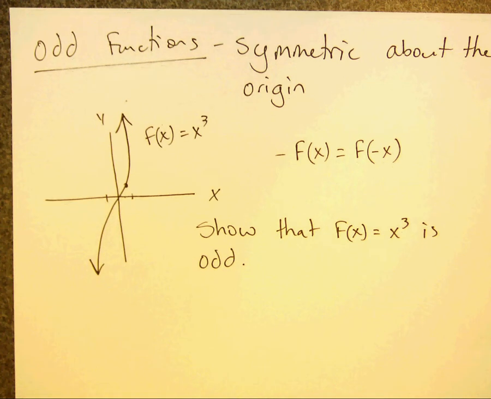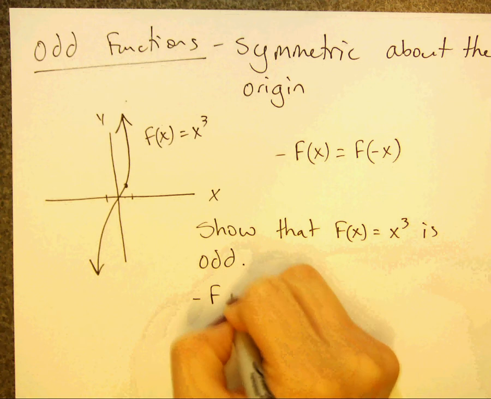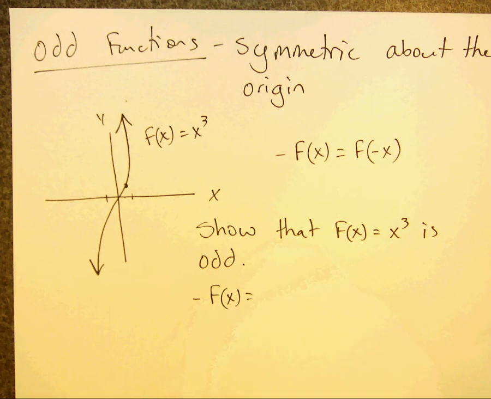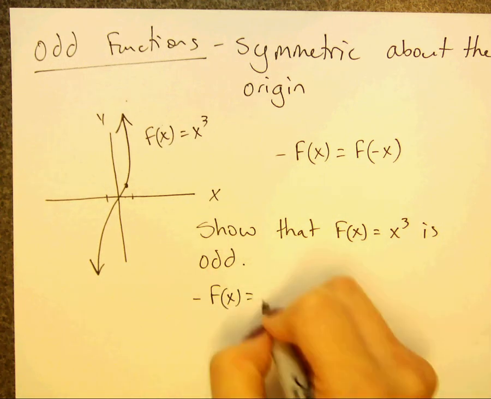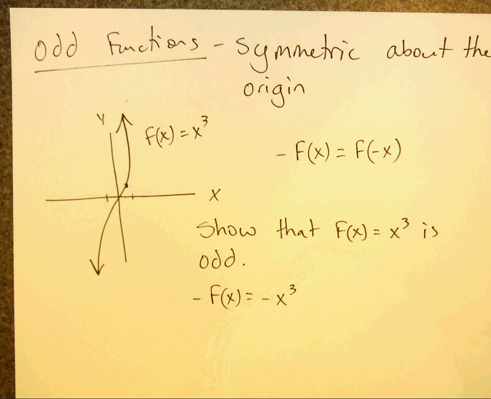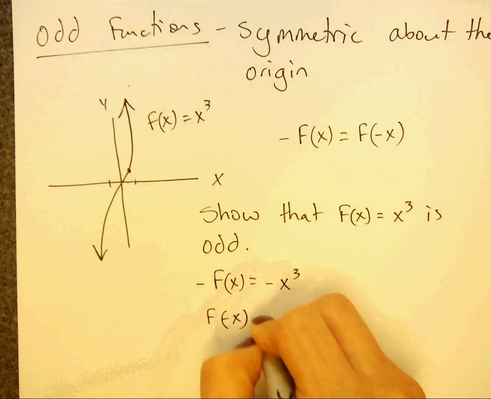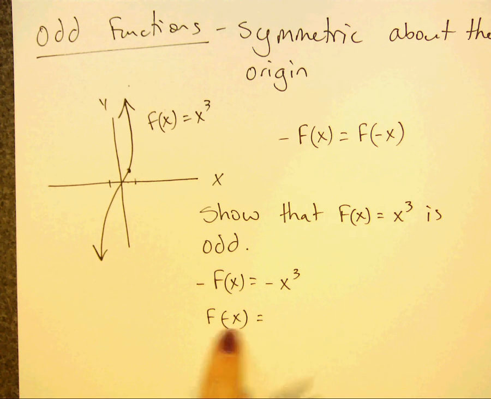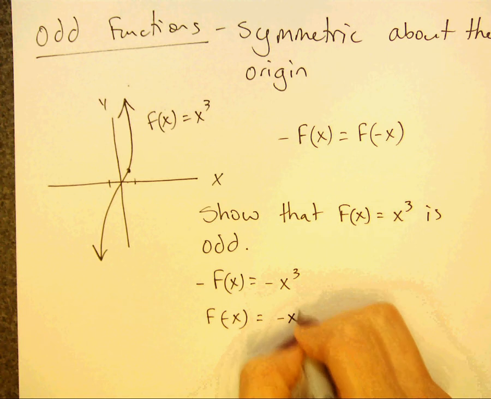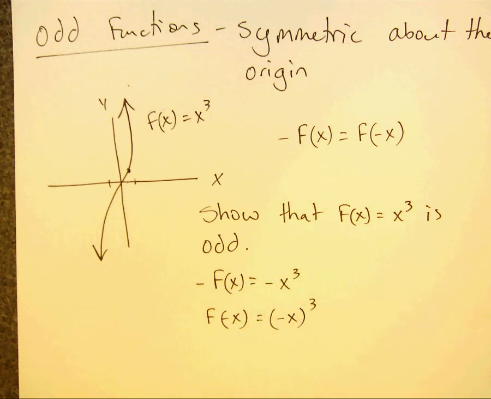So negative f of x, I'm just multiplying my function by a negative, so I get negative x cubed. And f of negative x, like we did with the even function, I'm just plugging in negative x for x. So I get negative x, make sure you put parentheses around it, negative x cubed.